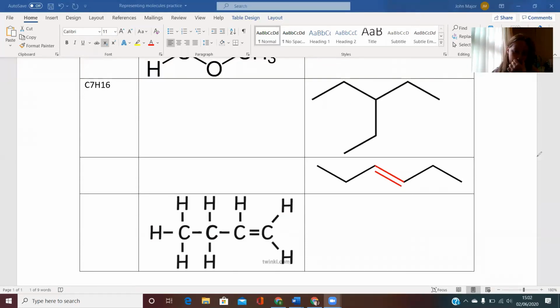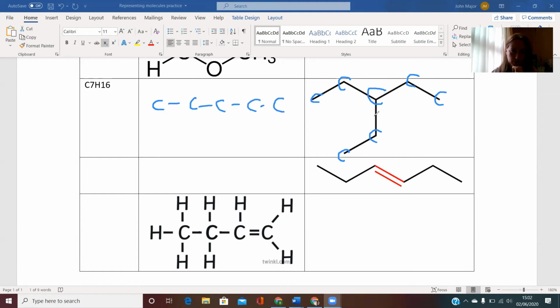Okay, try these before you watch the rest of the video, if you haven't tried them already. All right, so we can draw in these carbons. I think it's a little bit easier if we put the carbons at all of these points. So we have 1, 2, 3, 4, 5 carbons going across.